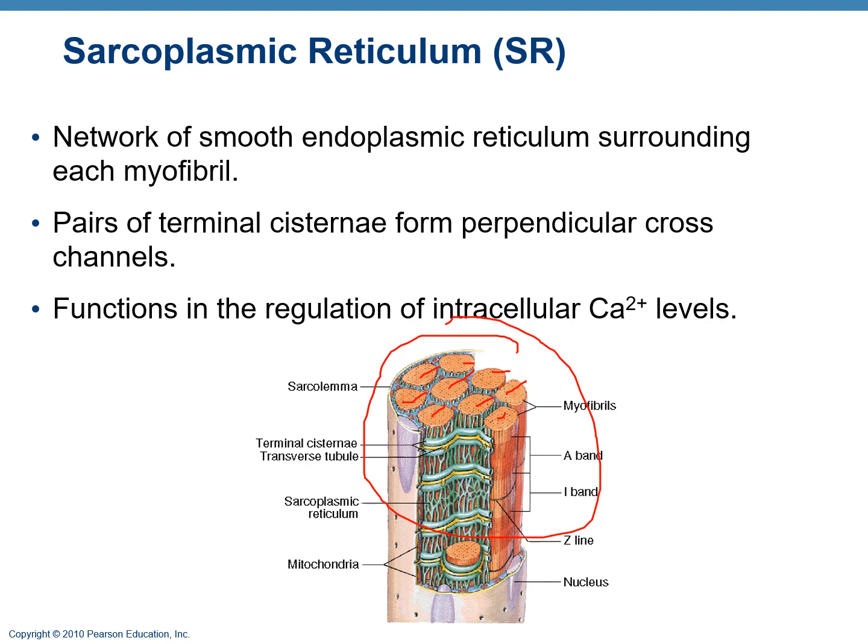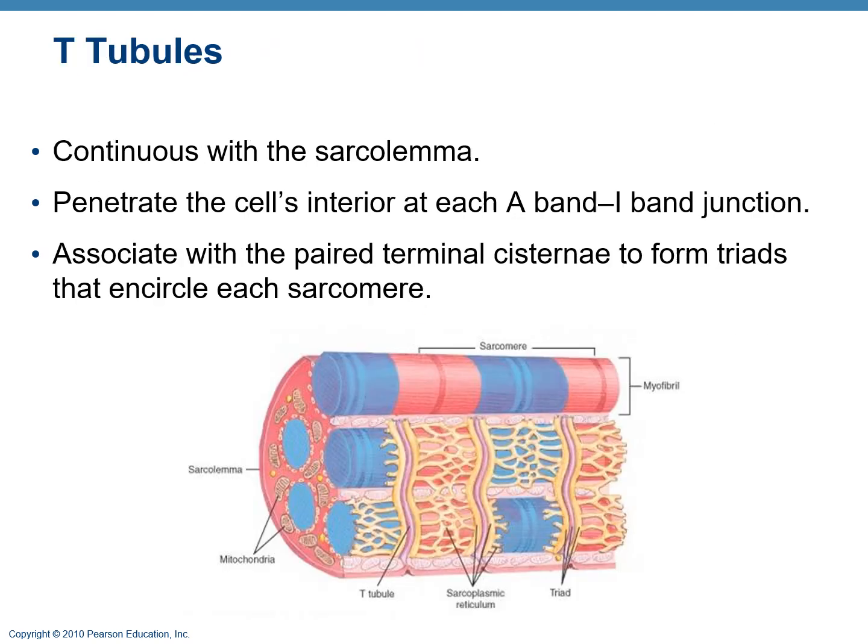And you'll see that all this little teal colored meshwork is sarcoplasmic reticulum enveloping each individual myofibril, and then it has these thickened sacs called the terminal cisternae, and they form perpendicular cross channels. The major function of the sarcoplasmic reticulum is to function in the regulation of intracellular calcium release during muscle contraction.